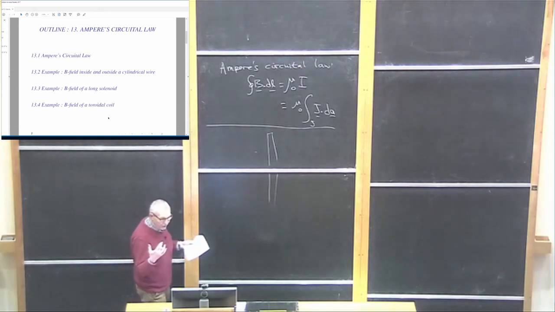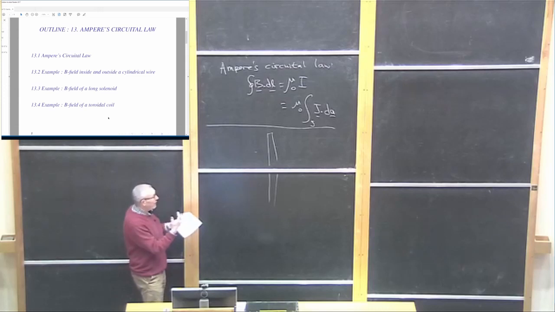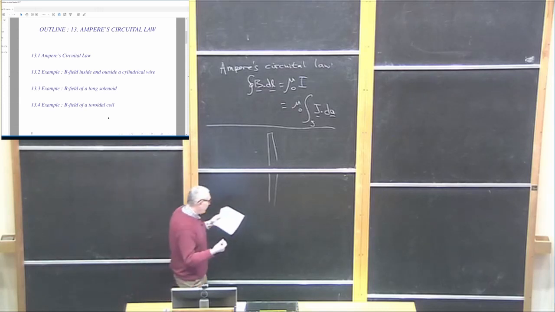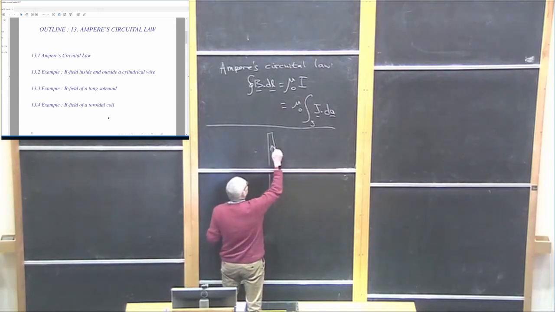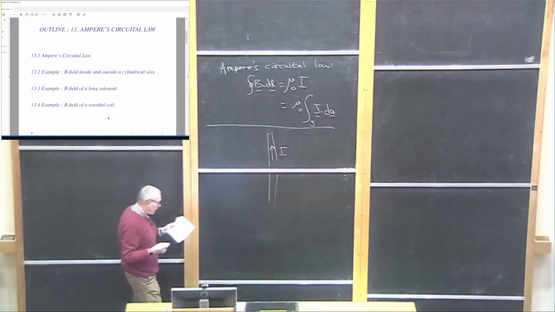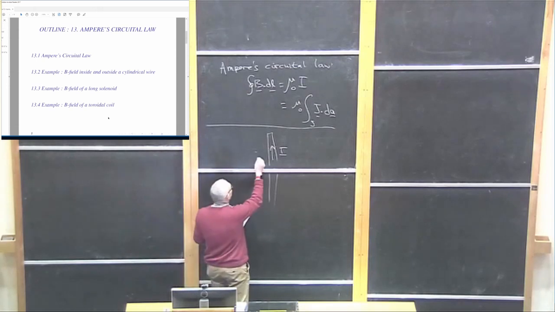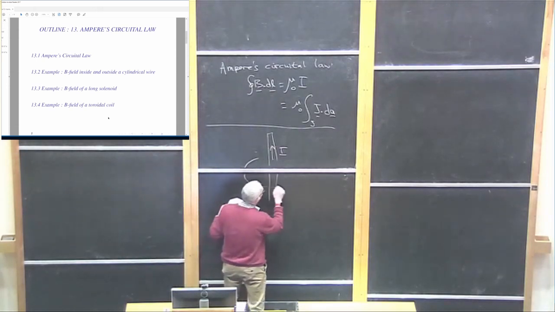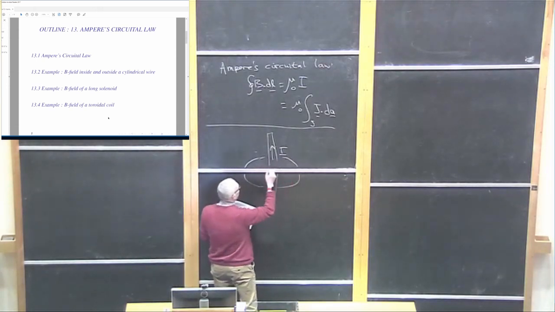What I'm going to do as the first example is calculate the magnetic field due to a straight, infinite wire with a current I flowing through it. I'm just going to demonstrate the principle.